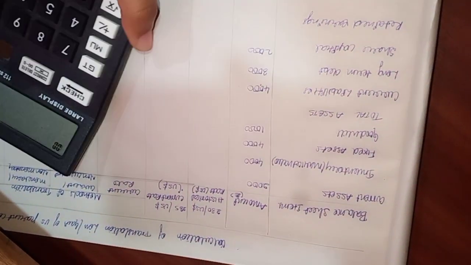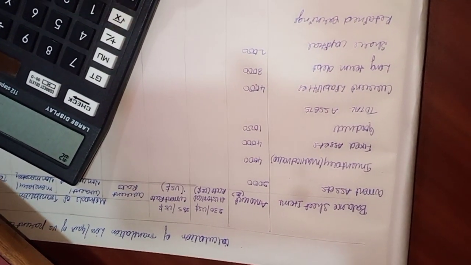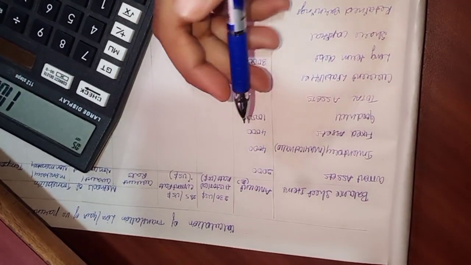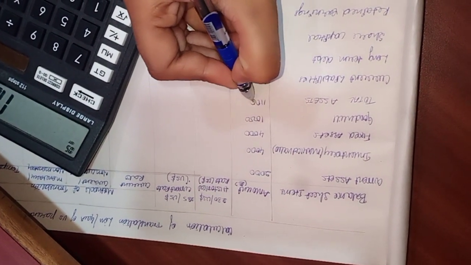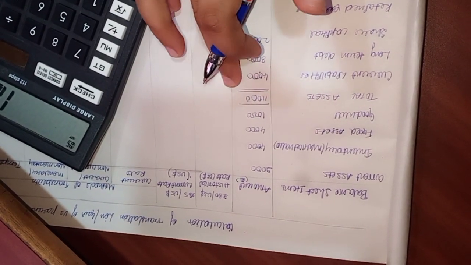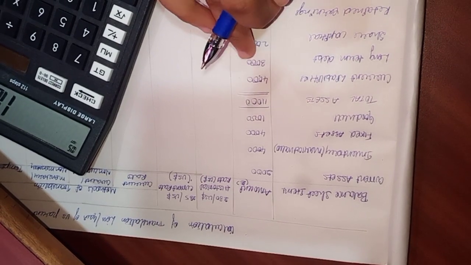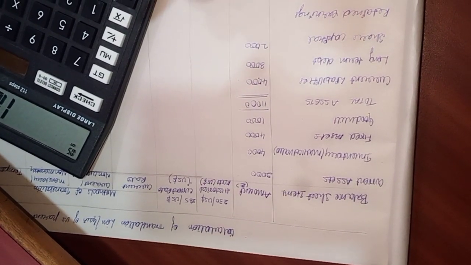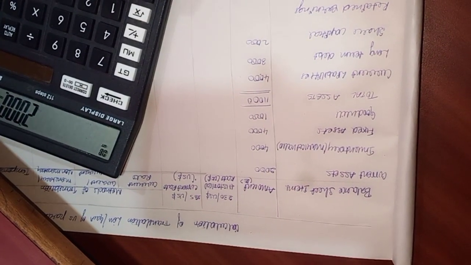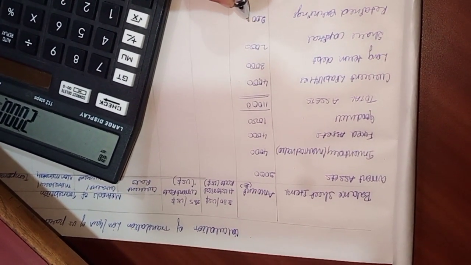Okay, guys, 2000 plus 4000 plus 4000 plus 1000, 11,000 is the total. Here 4,000 plus 3,000 plus 2,000 is 9,000. 11,000 minus 9,000, I'm getting 2,000 as a difference, girls.